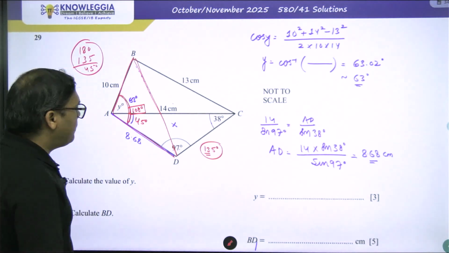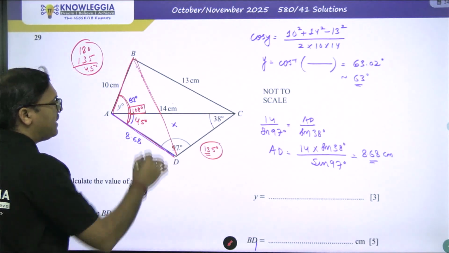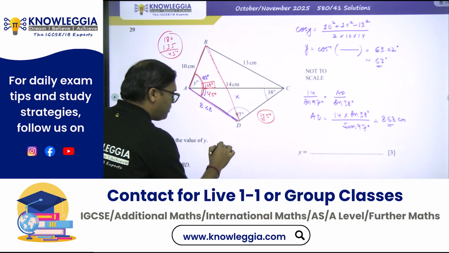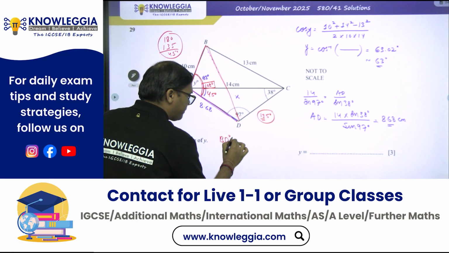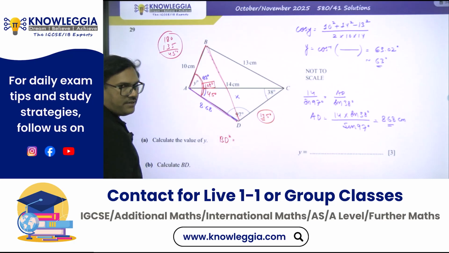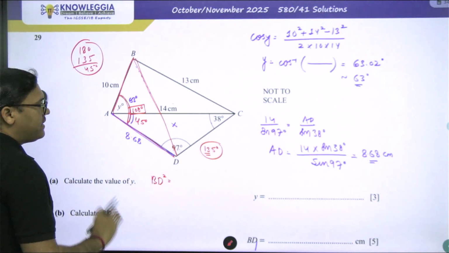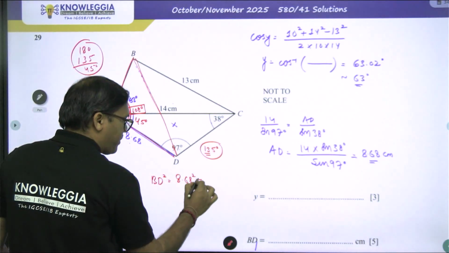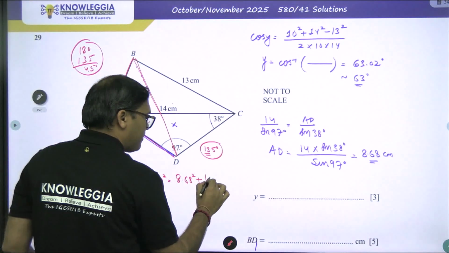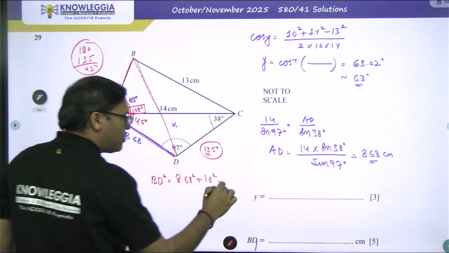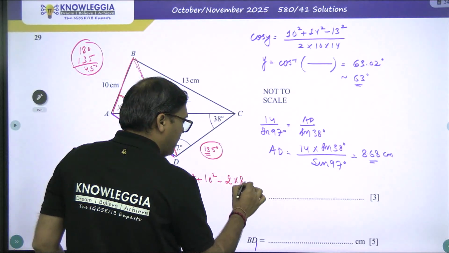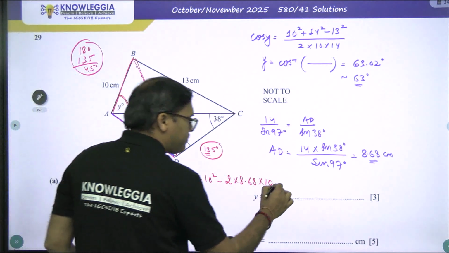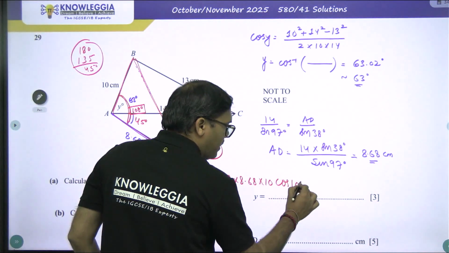Right. So now I have to find BD. Again in this triangle ABD, I can apply cosine rule. If you apply cosine rule, BD square is equal to, this is the side opposite to the angle, 8.68 square plus 10 square minus 2 into 8.68 into 10, into cos 108 degree.